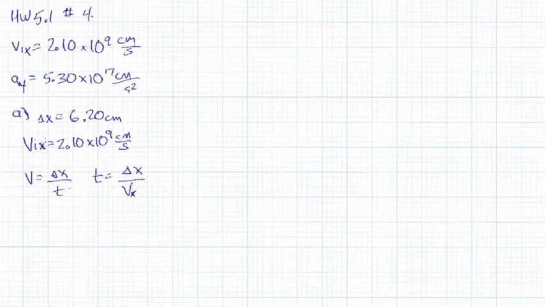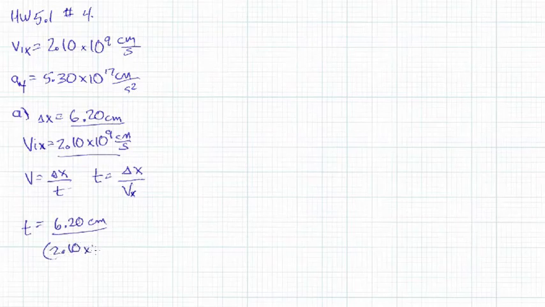Let's solve for how long it takes to go that horizontal distance, 6.2 centimeters, at that velocity. So that is 6.20 centimeters divided by our initial velocity, 2.10 times 10 to the 9th centimeters per second.